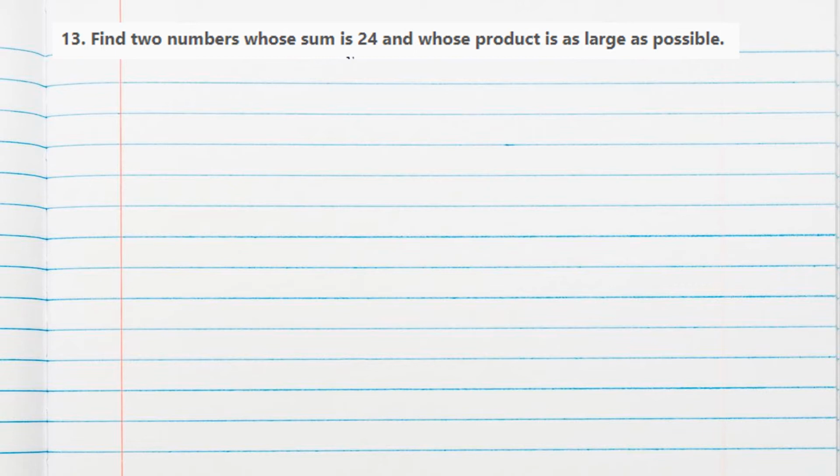Find two numbers whose sum is 24 and whose product is as large as possible. That is, the product should be maximum. So two numbers whose sum is 24, let the two numbers be x and y. Sum is 24, so we can write x plus y is 24.